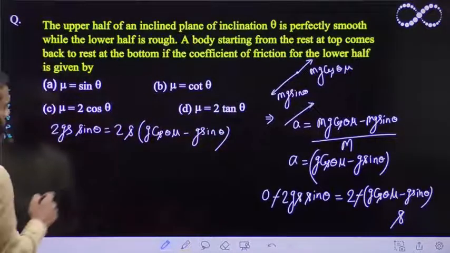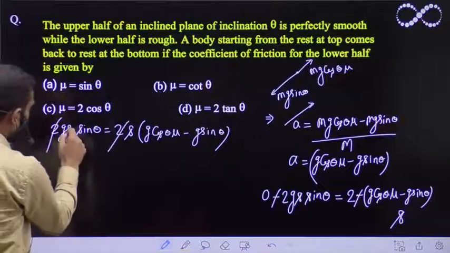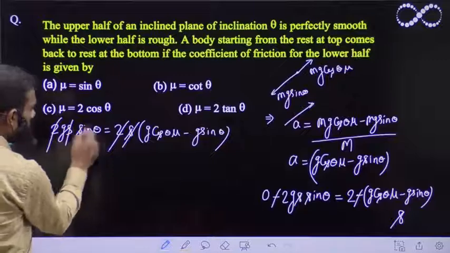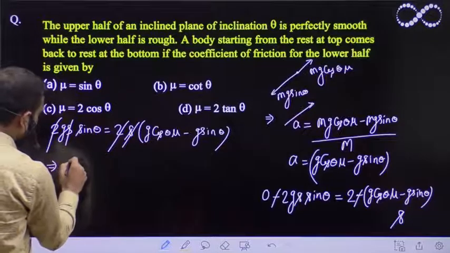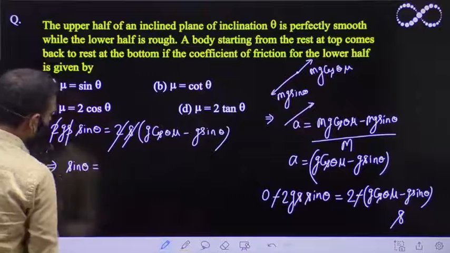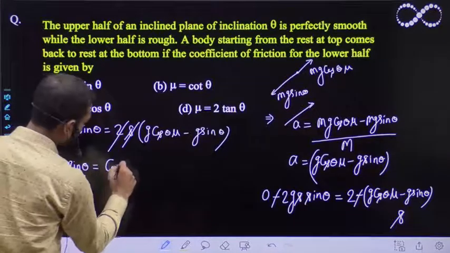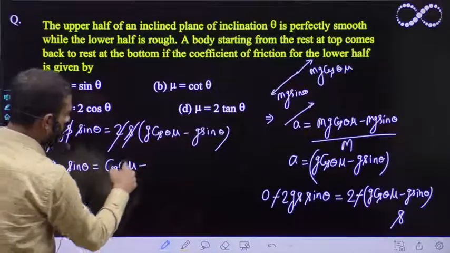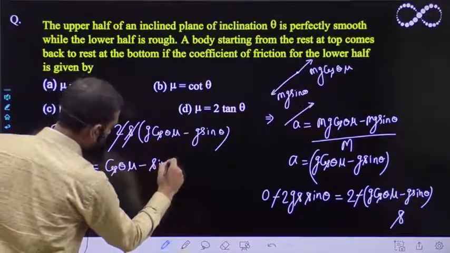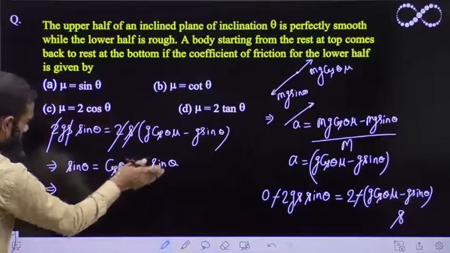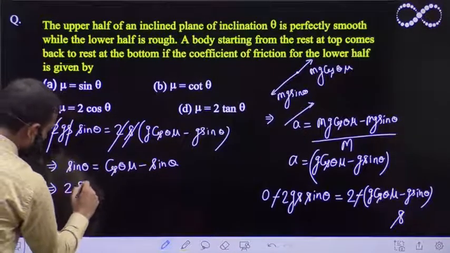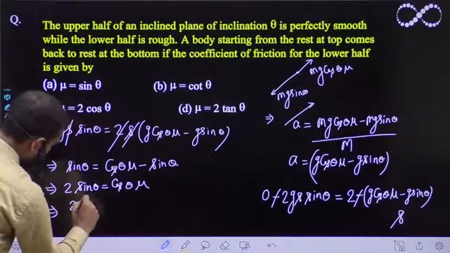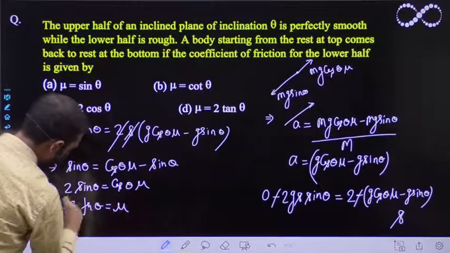I need to find mu. The 2 will cancel out, the s will cancel out, and g will also cancel out. On the left-hand side you get sin theta, and on the right you get cos theta mu minus sin theta. Taking sin theta to the other side, you get 2 sin theta is equal to cos theta mu. So I can say 2 tan theta is equal to mu. This will be the answer.